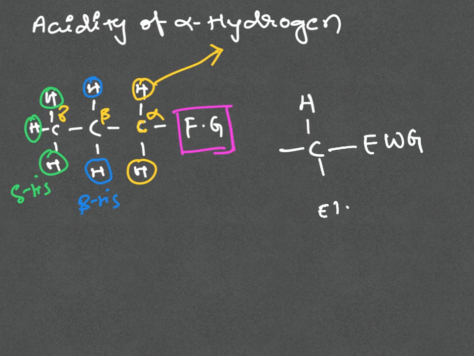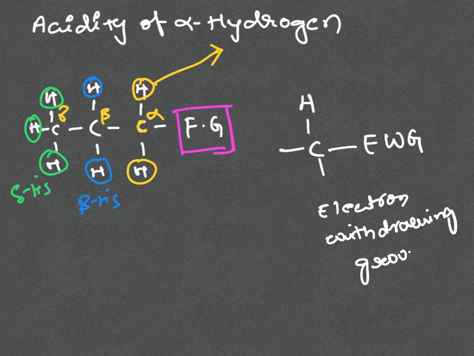EWG is electron withdrawing group. Here we know that electron withdrawing group will pull electron density towards itself, which is having a strong dragging ability.